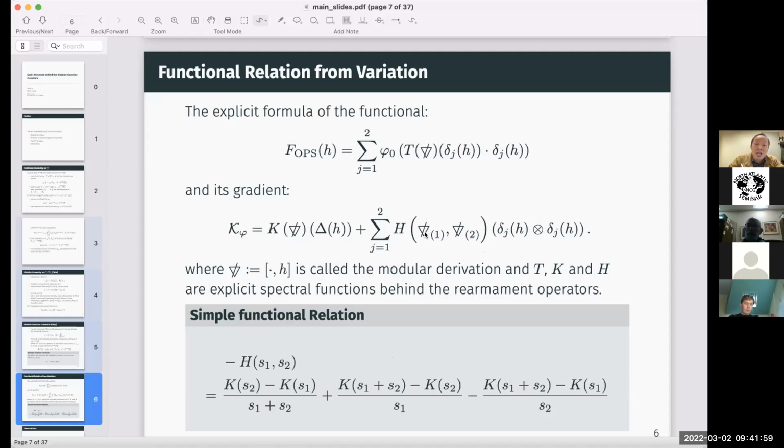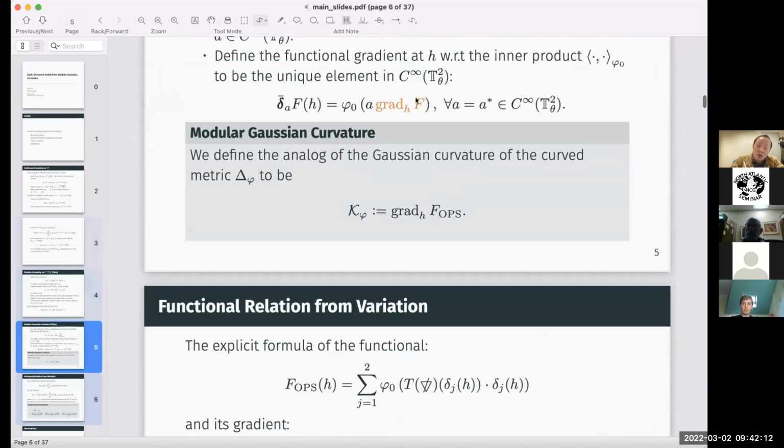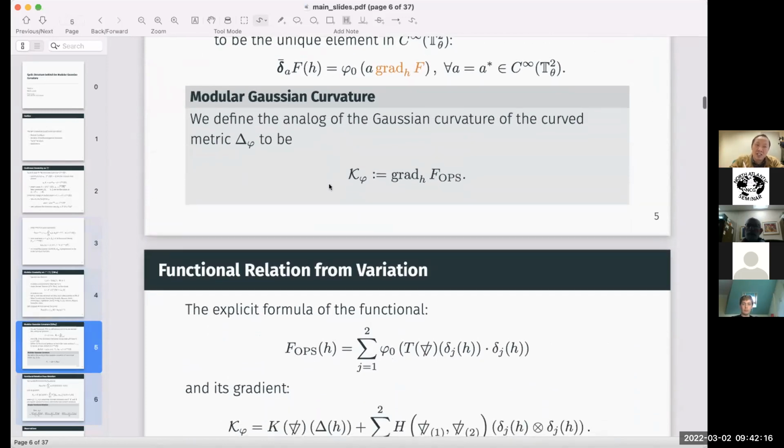Conceptually, k is defined as the Euler-Lagrange equation of such a functional, so it's not an arbitrary combination of the two terms.